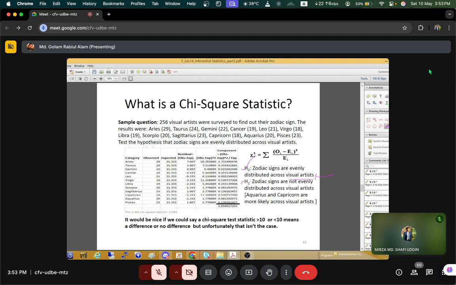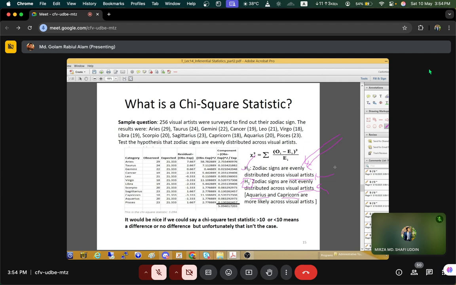But the alternate hypothesis is that zodiac signs are not evenly distributed; visual artists are specifically from Aquarius and Capricorn. Based on this claim, we want to prove whether the null hypothesis is true or false.